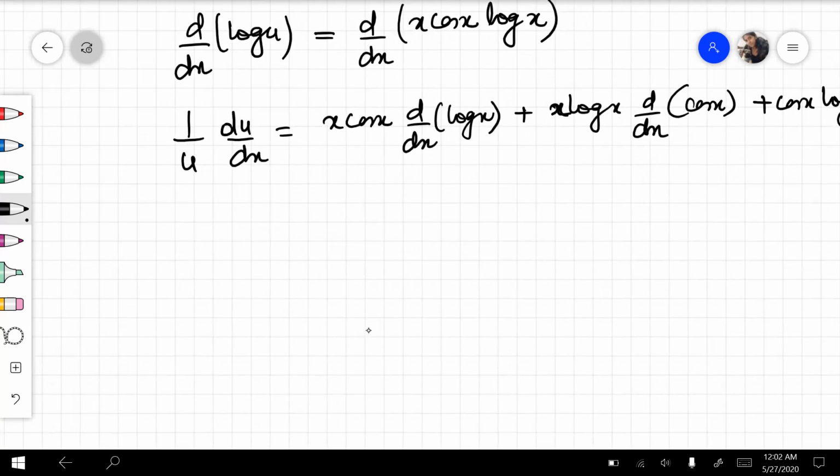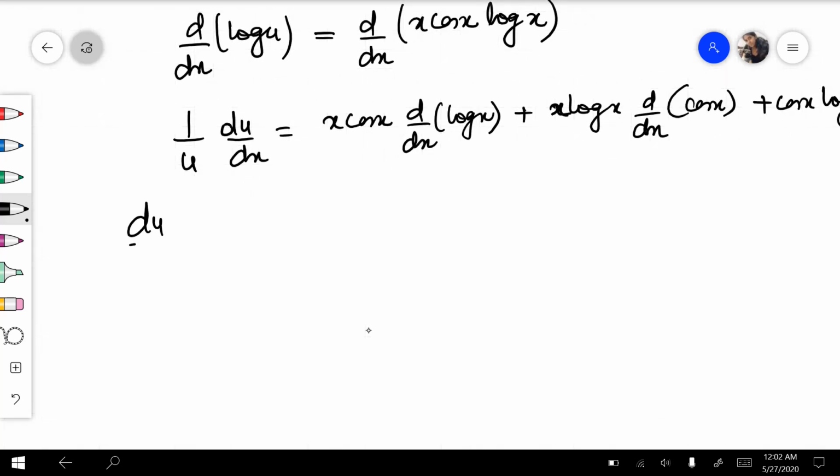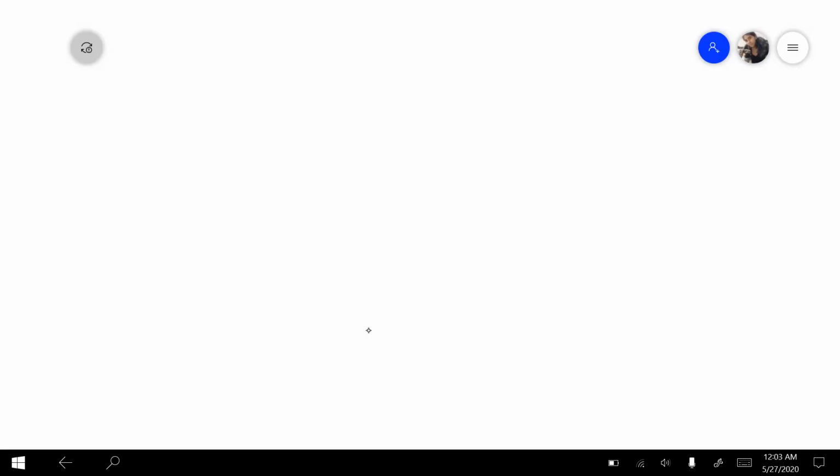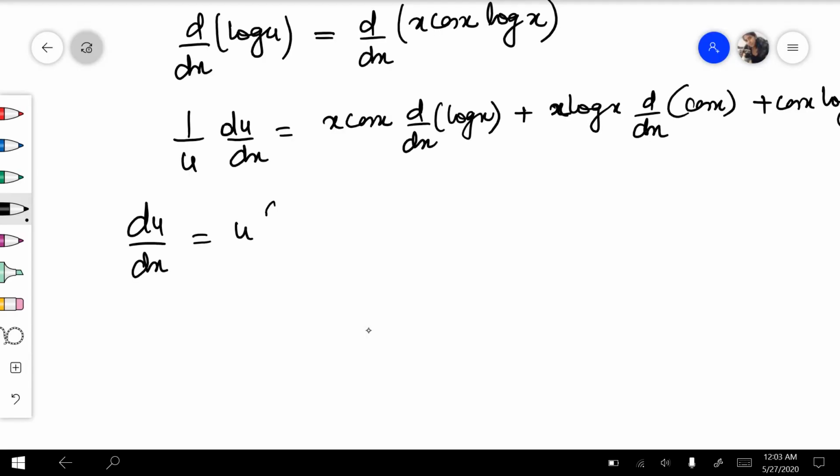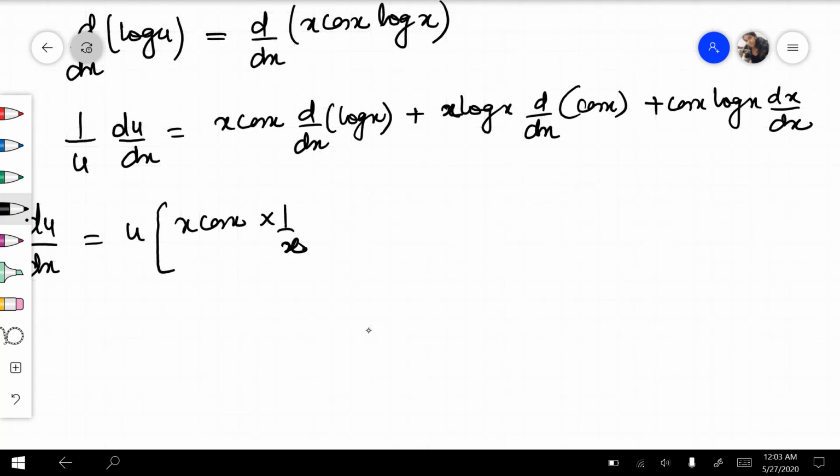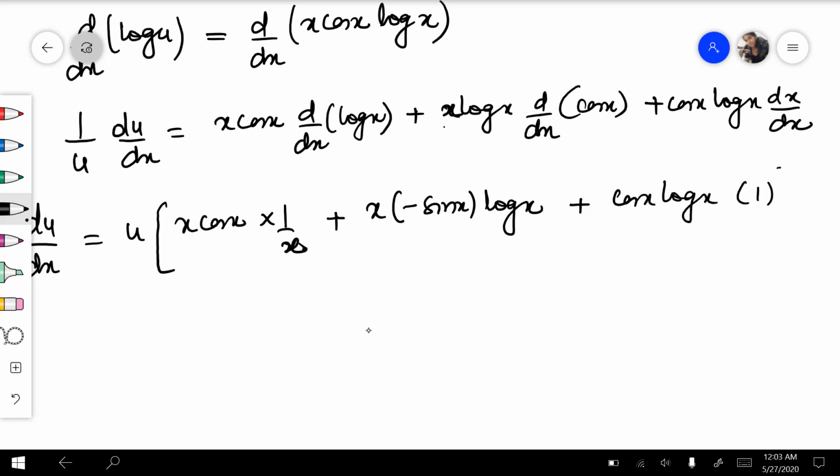This is equal to du upon dx is equal to u into: x cos x times the differentiation of log x, 1 upon x, plus x times the differentiation of cos x, minus sin x, into log of x, plus cos of x into log of x, and the differentiation of x is 1.